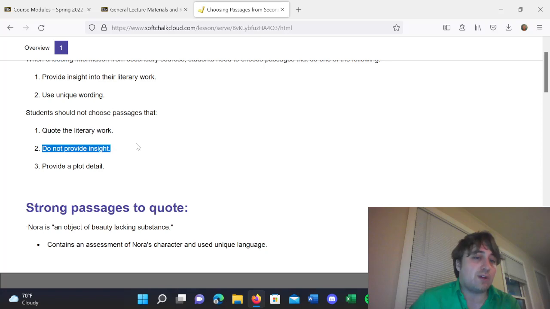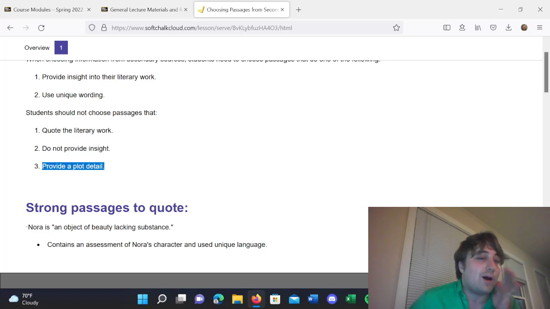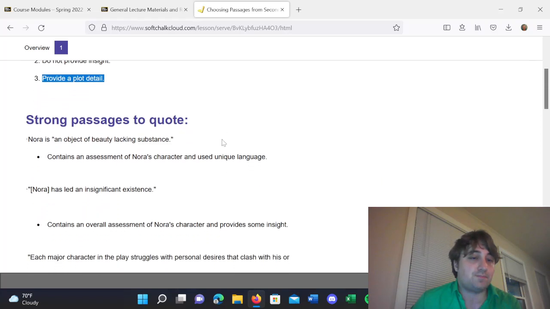And we want to provide insight, right? We don't want to quote something that doesn't provide insight. And we also don't want to quote plot details. We want the details to support our thesis, which is about the themes, and it's about those insights about the themes that we gather from the text. That's what we want to quote to support, right?